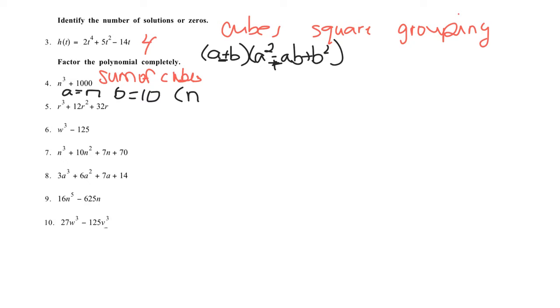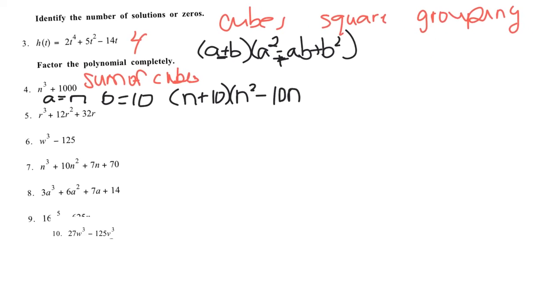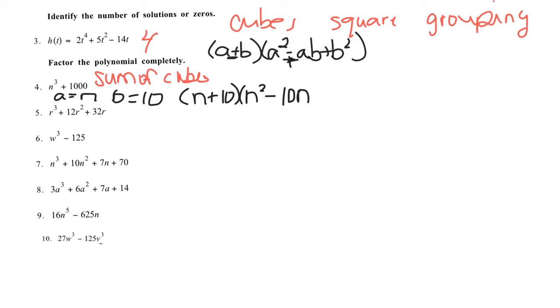So my n plus 10, n squared, that's a squared, minus a times b, 10 times n is 10n, plus b squared, which is 10 squared, 100. This is completely factored. Okay, you cannot factor this trinomial anymore, so you're done.